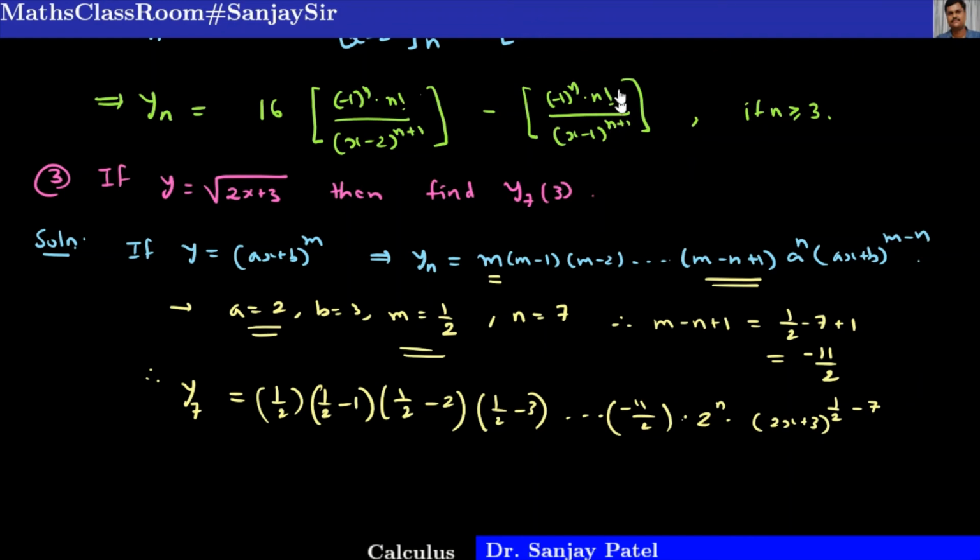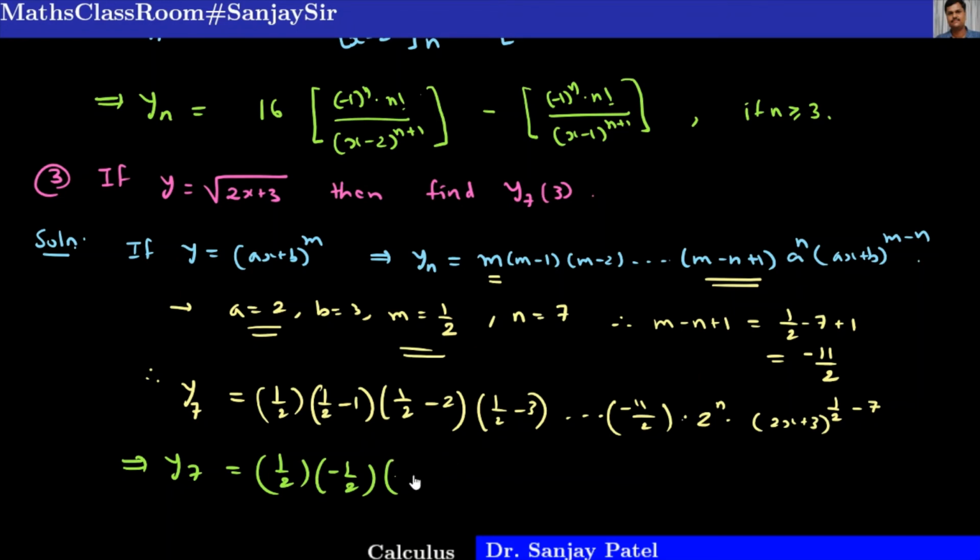Okay. So further, if we simplify, what we get is y7 is equal to 1 by 2. 1 by 2 minus 1 is minus 1 by 2. And again we subtract 1 every time. Minus 1 by 2 minus 1 means just we have to subtract 1 each time from the previous term.